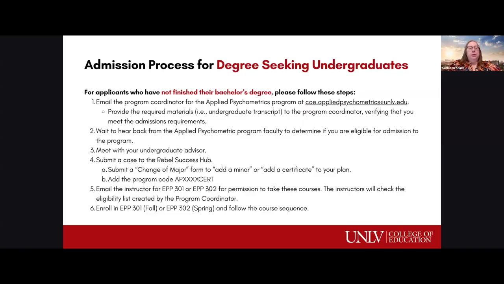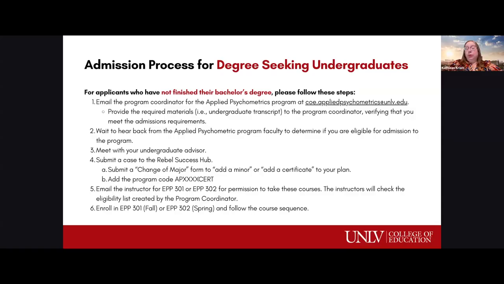Then you would meet with your undergraduate advisor, and then you would submit a change of major form, and then your major would stay the same, but you would add a minor, and then here's the program code. And then you would go ahead and enroll in our, you'd have to email us, same address, and we would grant you permission to either enroll in 301 or 302.